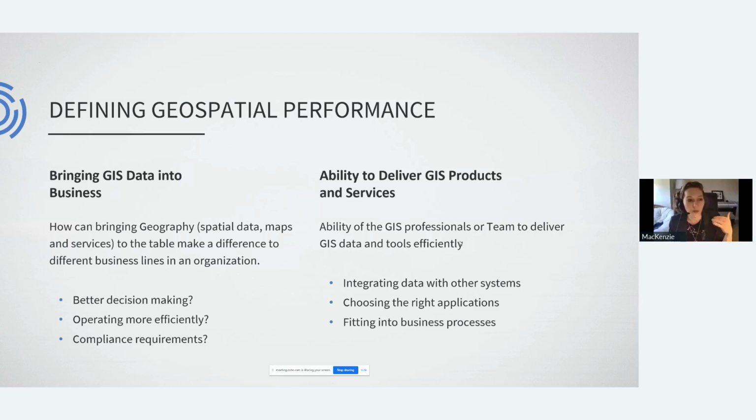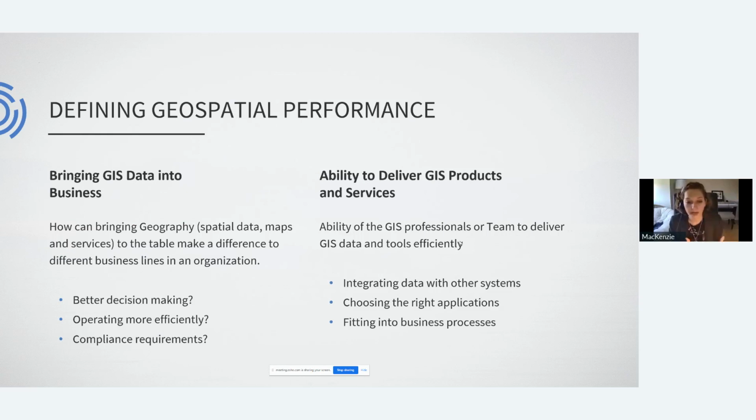For instance, we can define geospatial performance as bringing GIS data into the business. How does bringing geography, the location of something, or spatial data to the table make a difference in different business lines?